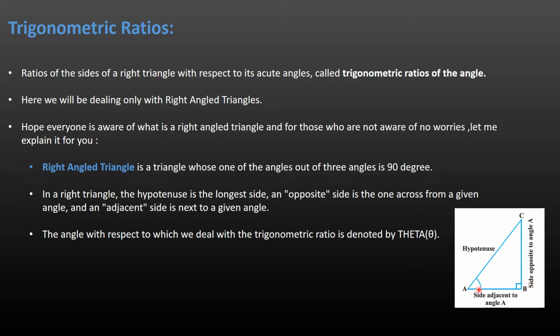And with respect to angle A and angle C, which are acute angles, we will be dealing with the ratio of its sides. So that is what you mean by a trigonometric ratio.